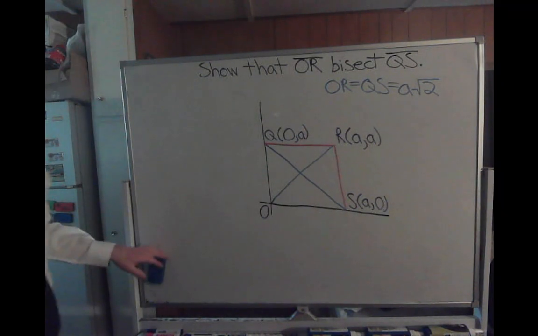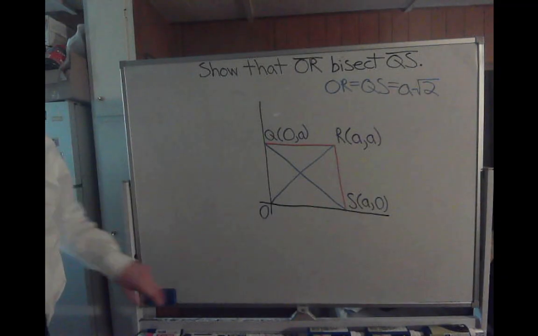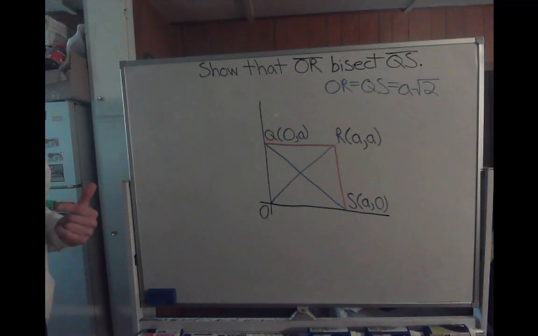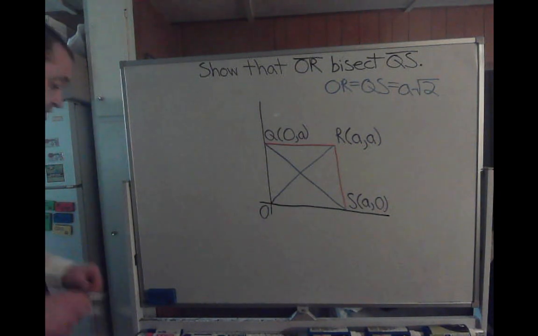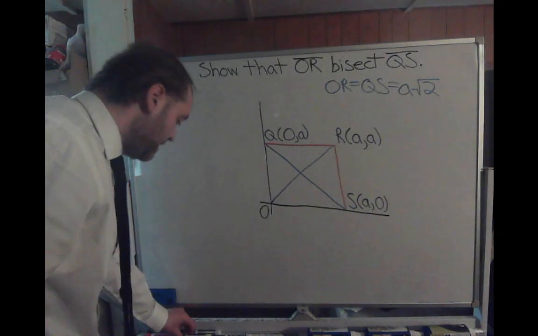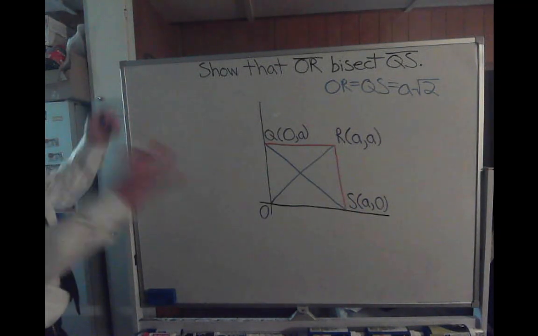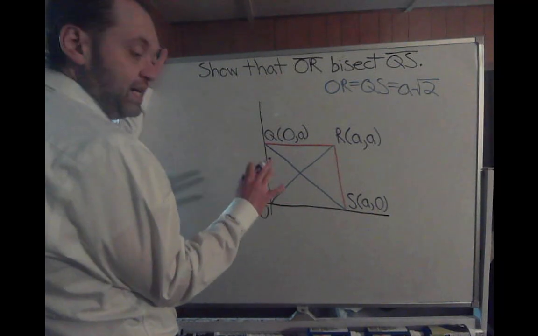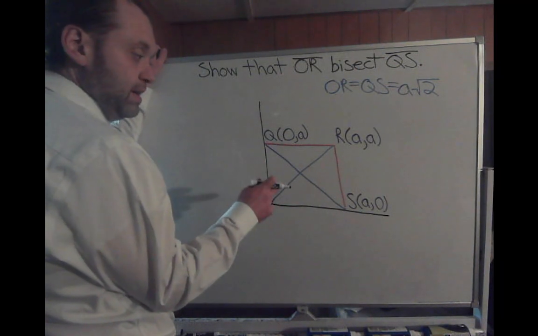Well, in general, we know that the diagonals of a parallelogram bisect each other back when we studied quadrilaterals. That much is true. However, we're in coordinate geometry. We want to show that these diagonals bisect each other. Well, okay, so here's something. If these diagonals bisect each other, what does that mean?